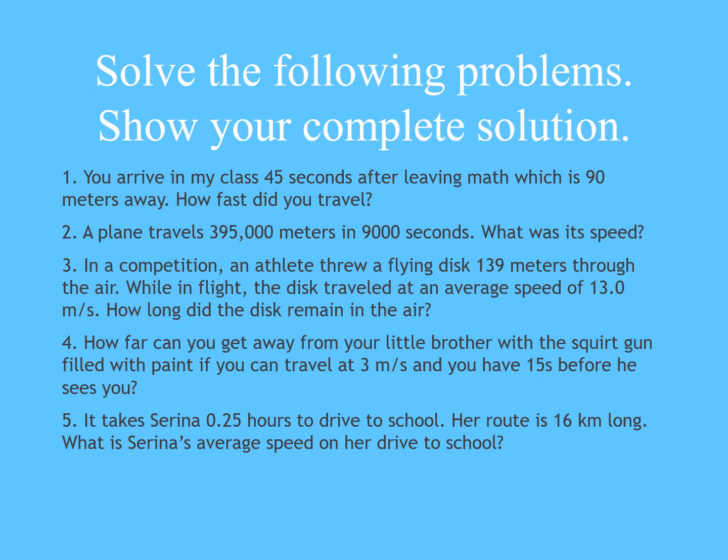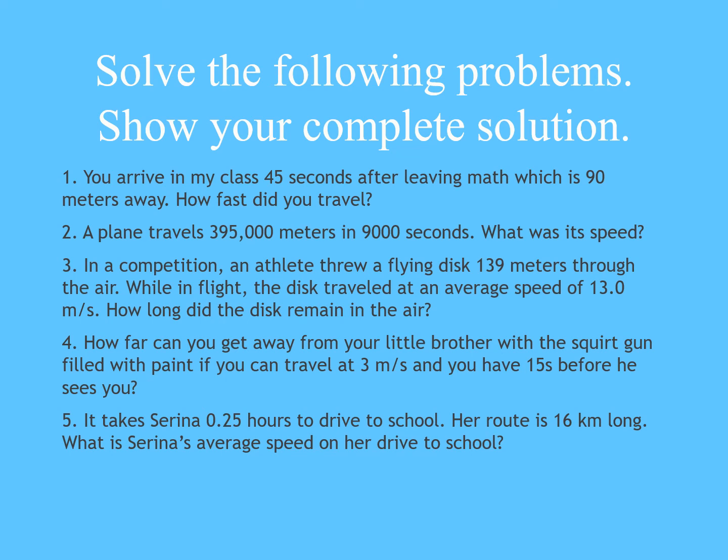Now, I hope you understand our topic today. Okay, did you understand? Now, I have here 5 problems for you to solve. So I want you to solve the following problems and show your complete solution. Okay? Complete solution. What is the meaning of complete solution?